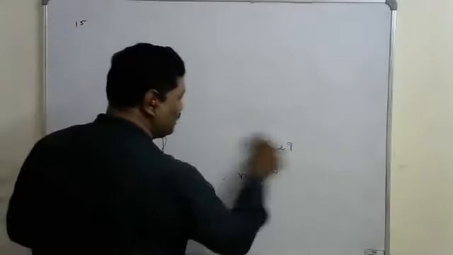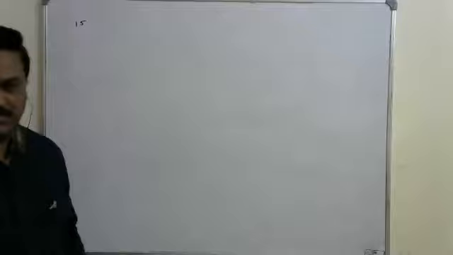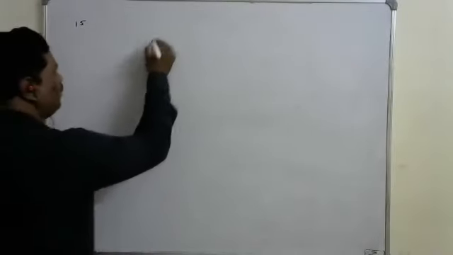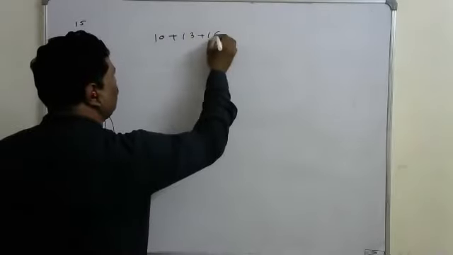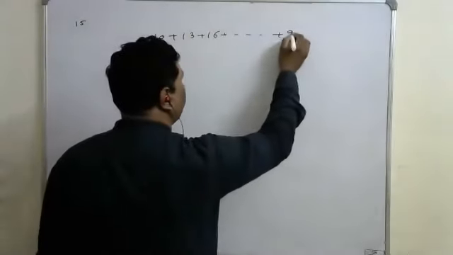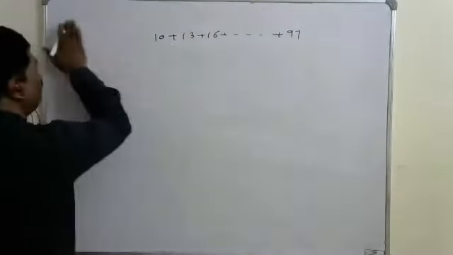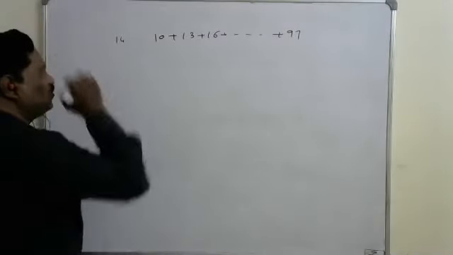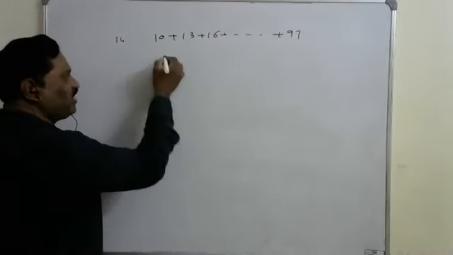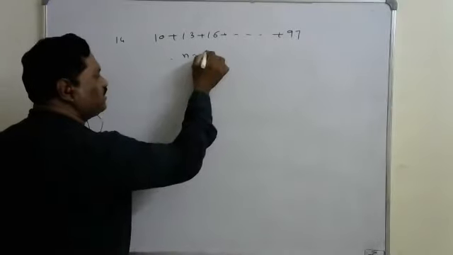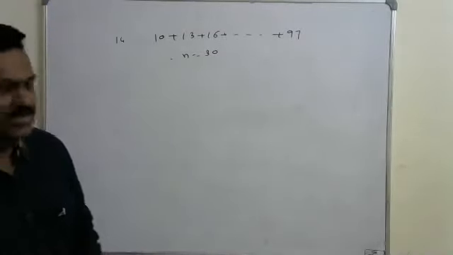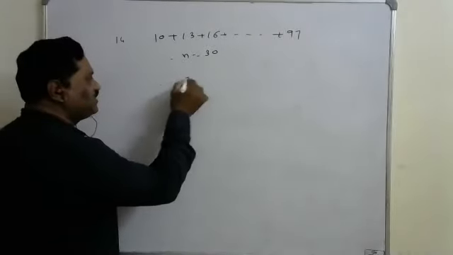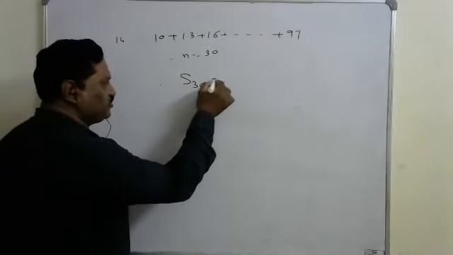Now we have to find the sum of all those numbers: 10 plus 13 plus 16 and so on. The last number is 97. We want the sum of all these numbers, right? Already we have calculated the value of n. N is equal to 30. We got the number of numbers. Now I have to find the sum of these 30 numbers.